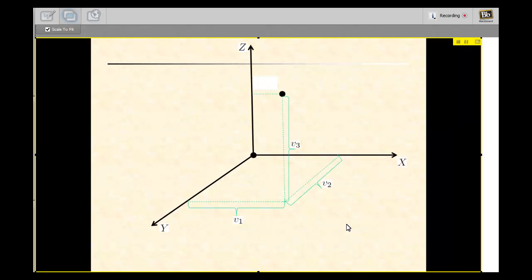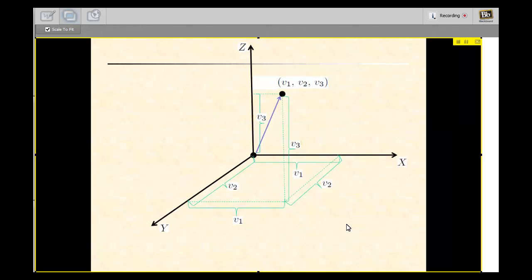So we can measure the distances, which are v1, v2, v3. So the point's coordinates are v1, v2, v3.